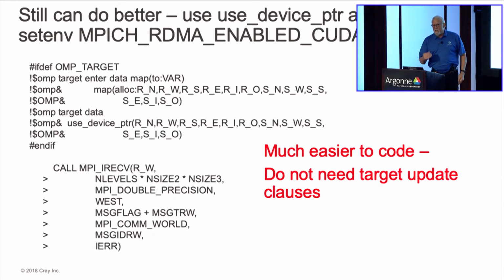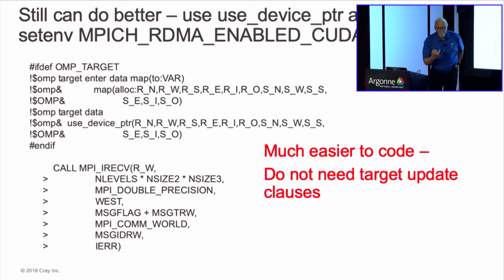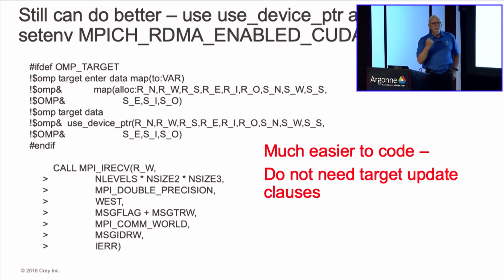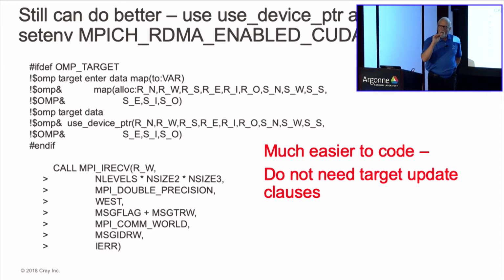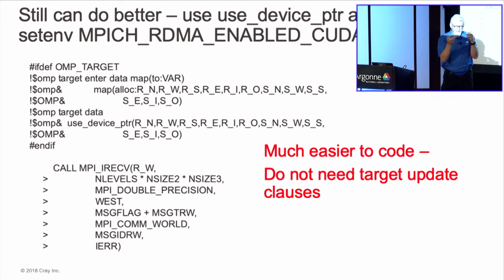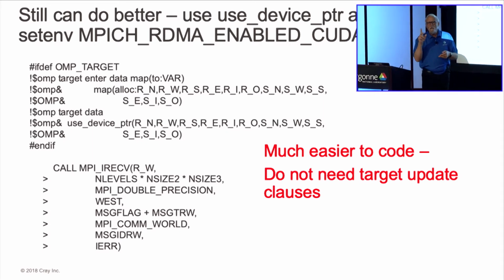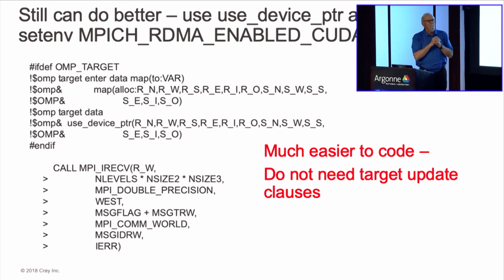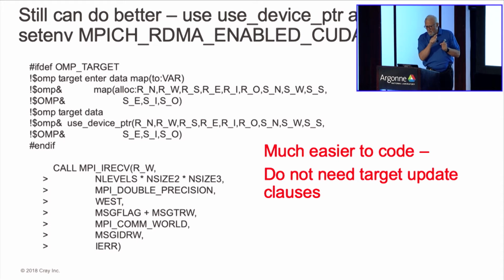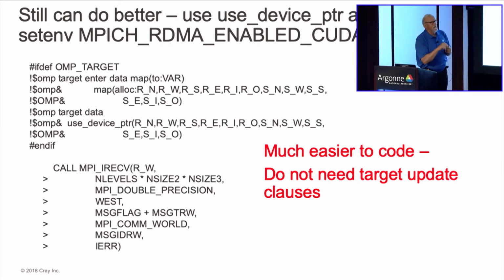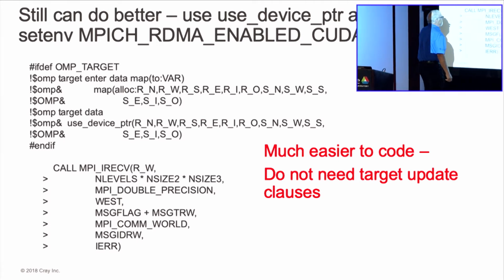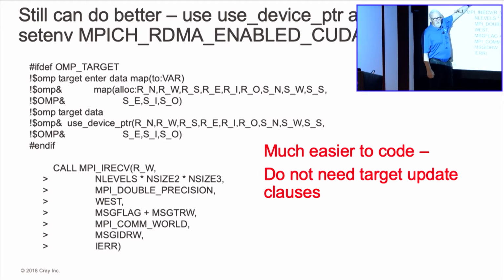Now, a very nice capability is that you can do GPU direct. In other words, rather than moving those halos to the host and back, you can tell MPI that those halos are coming from the device by using device pointer.